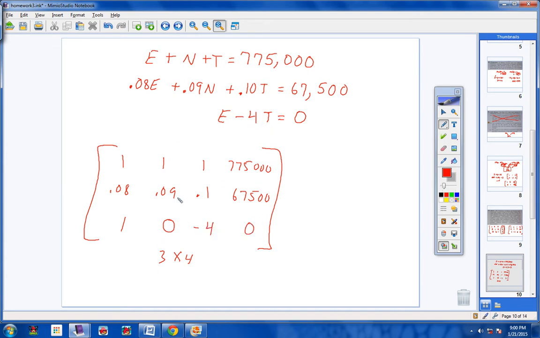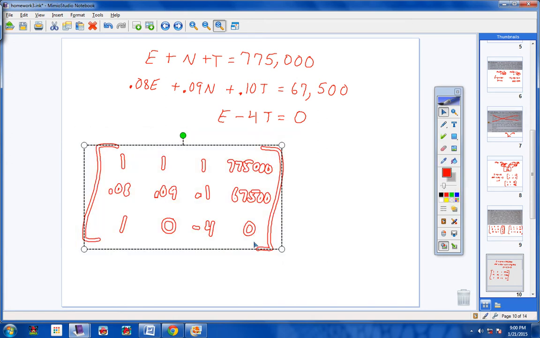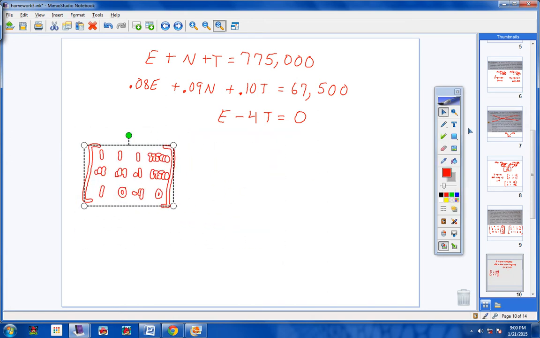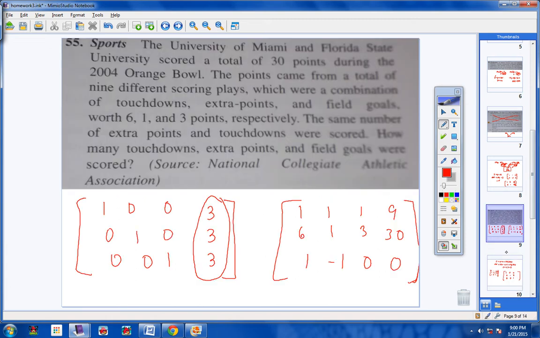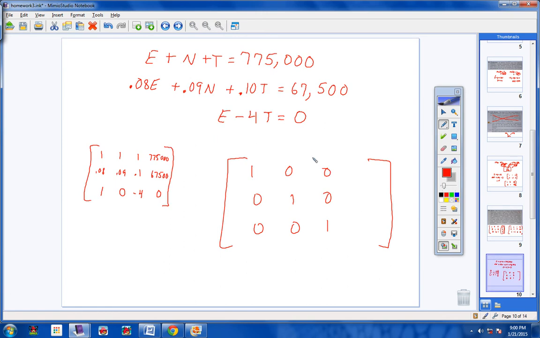If you enter all this into your calculator correctly, okay, and you then go to RREF and you use RREF on this matrix right here, you will get out this matrix right here. You will get out a 1, a 0, a 0, a 0, a 1, a 0, and a 0, 0, and a 1. And then for these numbers right here, you're going to have, let's see, what would you get?